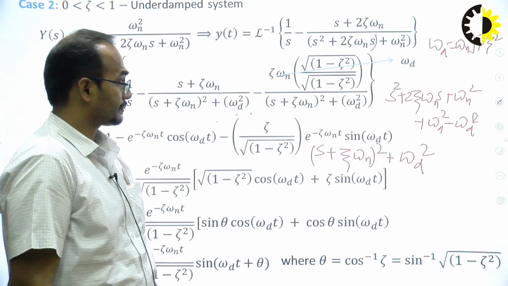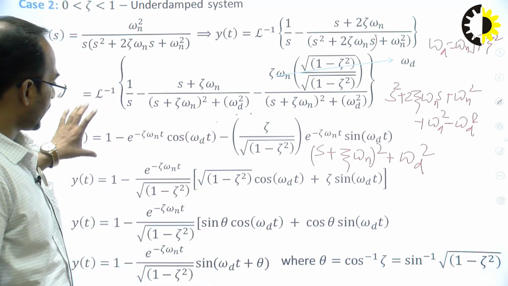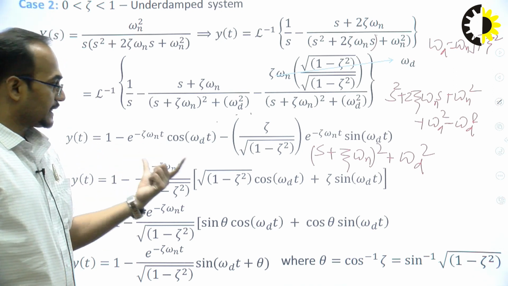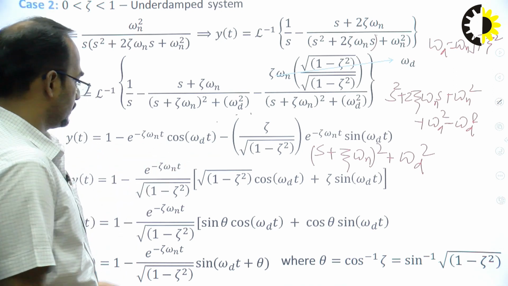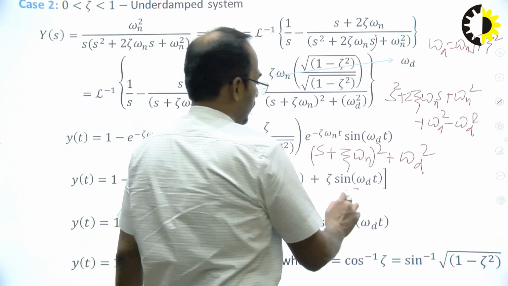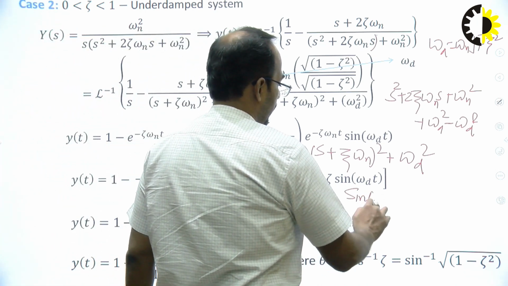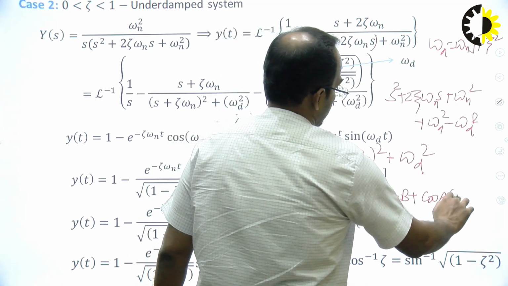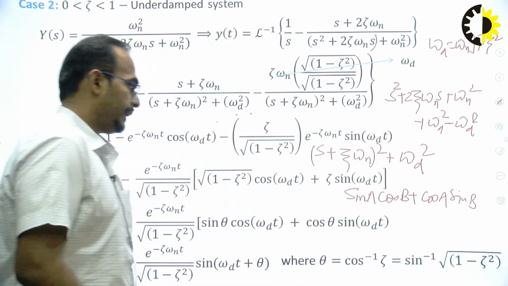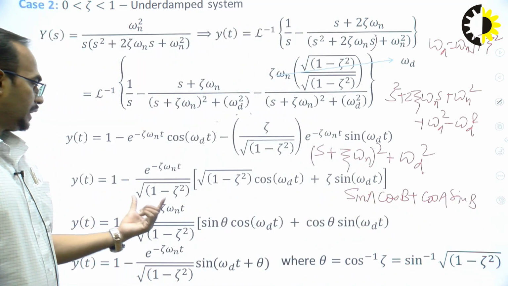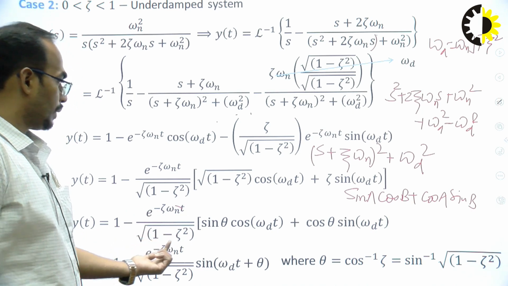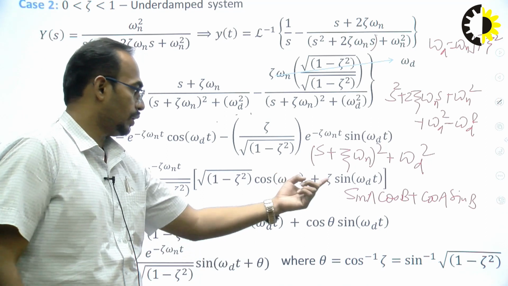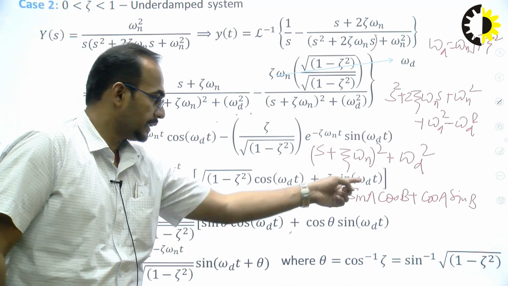After taking the inverse Laplace, we can see this is in the form of sin a cos b plus cos a sin b. So we can write e to the power minus zeta omega n t upon under root 1 minus zeta square, considering this as sin theta cos omega d t plus cos theta sin omega d t.